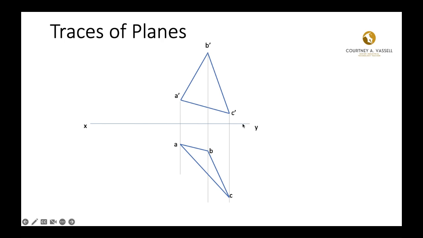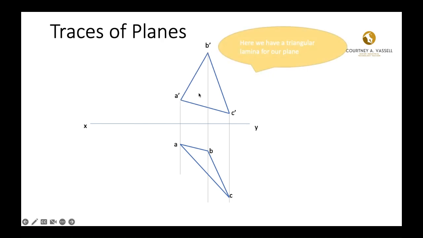So it's just a matter of choosing which side you want to extend. The key here is to extend the one that is most convenient. Therefore, AC would not be convenient because it would require you to extend your XY. So the most convenient one would be A prime, B prime.